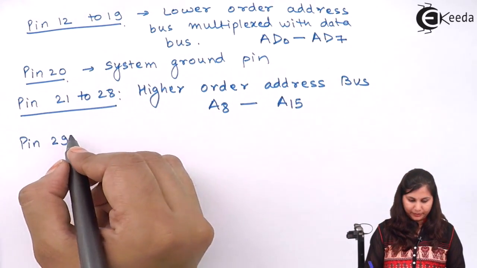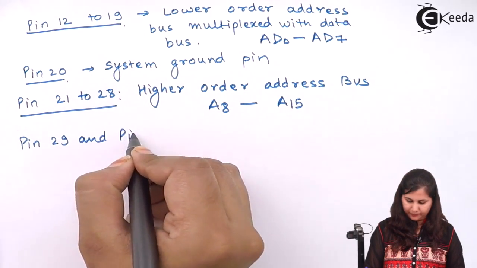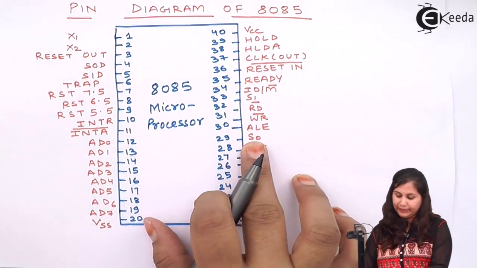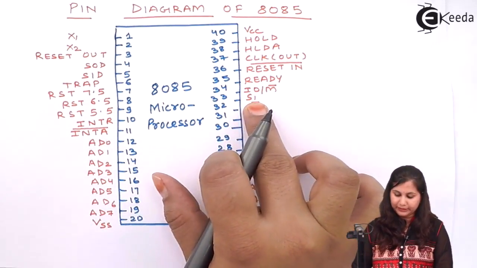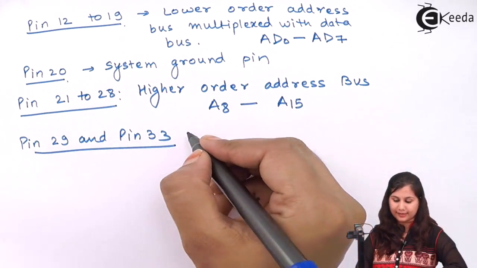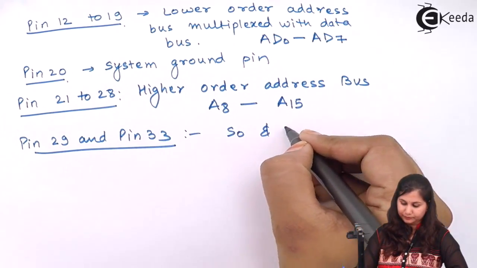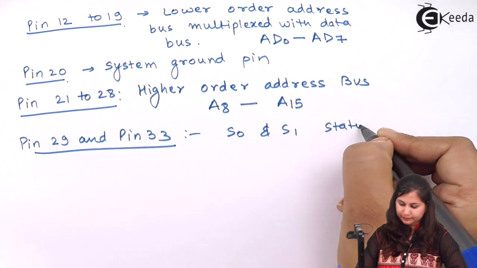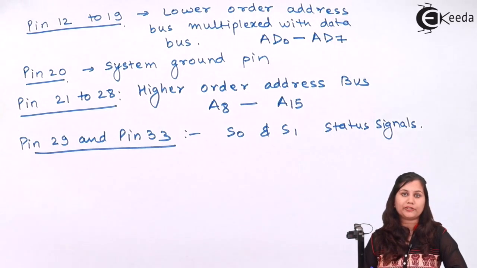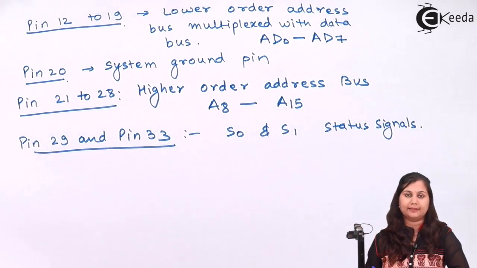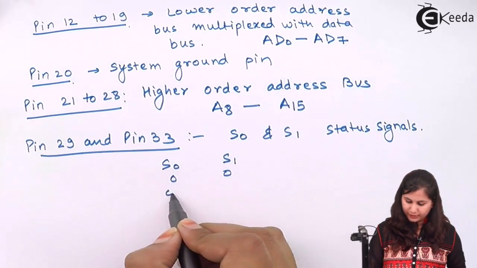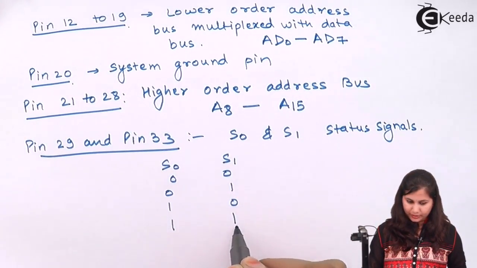and we have pin number 33. On pin number 29 we have S0 and on pin number 33 we have S1. These S1 and S0 are the status signals. These status signals define what type of operation is being performed by the microprocessor. Of these S0 and S1, the values can be 0, 0, 0, 1, 1, 0 and 1, 1.